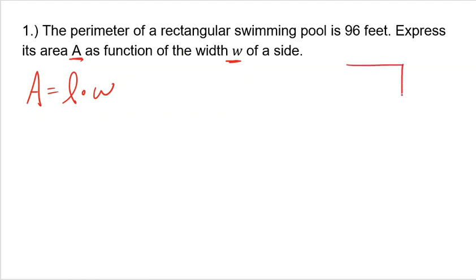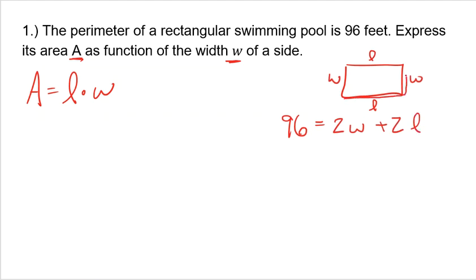We were told that the perimeter, as I walk around this rectangular swimming pool, is 96. So if I think of the length as these values and the widths as these values, as I walk around the swimming pool, I know that there are two widths and two lengths. So if I walk around, that's an L plus a W plus an L plus a W: two W's and two L's.